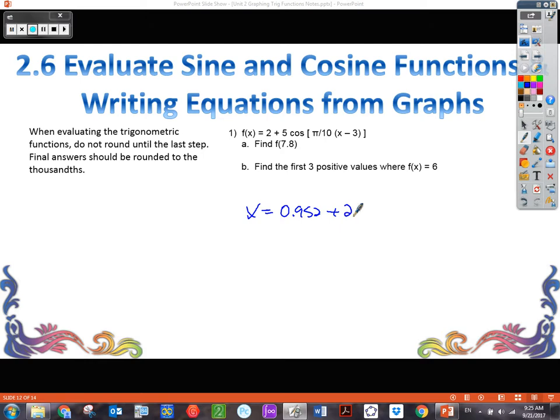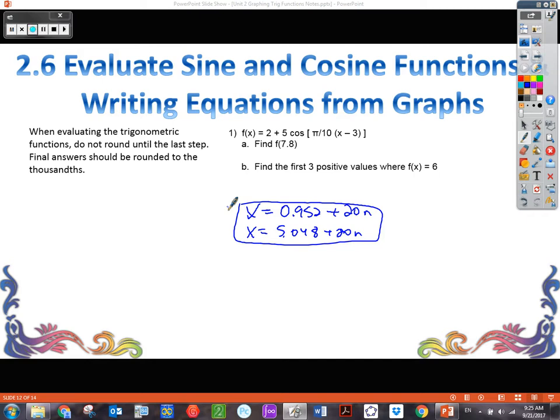It's going to be plus 20n, not our normal. We need to be aware and careful, because lots of mistakes happen here. We just assume that it's a normal period, and it's not. And the other one is 5.048 plus 20n. So here are our general solutions for this particular situation.